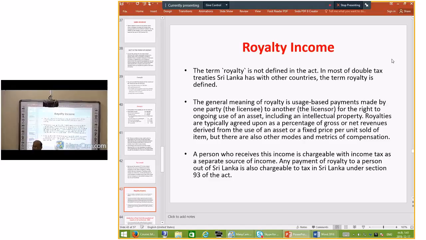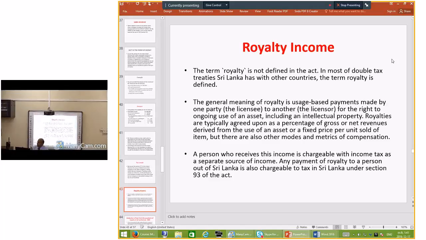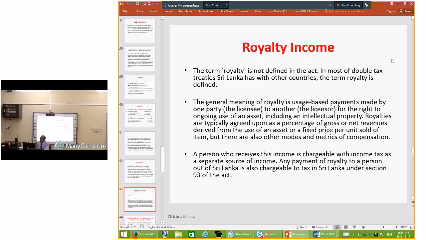The royalty tax rate is 10% in the recipient's hand, right? For that purpose, royalty is used to arrange their tax payable. They always try to minimize their tax rate.